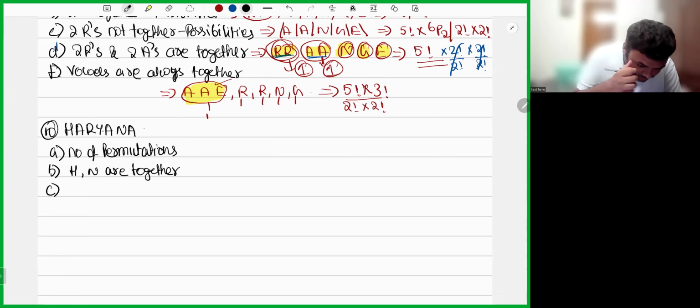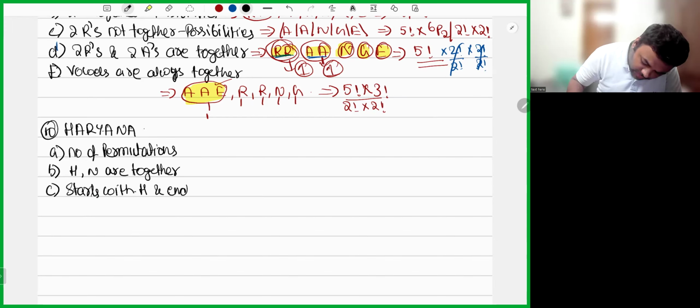Next point number C. Starts with H and ends with N. Next, consonants are together.